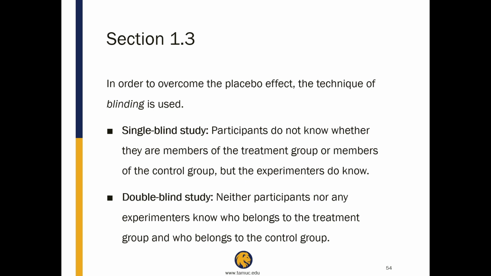So it's completely set up so that nobody knows who is taking the treatment, who is taking the placebo until after the study has completed, and then they can check to see who was who and put together the results. And this helps to take out any possible biases or placebo effects that could influence the outcome, other than the treatment itself, which they're trying to see if it makes a difference.